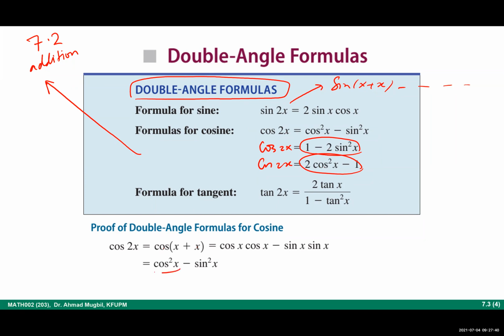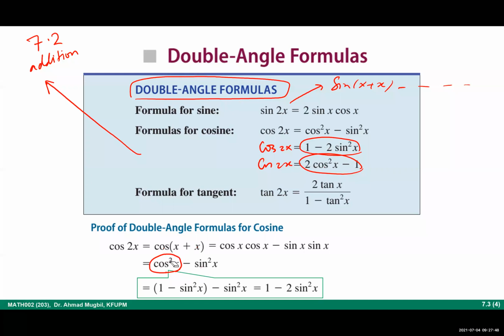Here, for example, you don't want it in terms of cosine, you want it in terms of sine. You will use the Pythagorean identity. You remember, Shabab, what cosine squared is? It is 1 minus sine squared. Minus sine squared. Now simplify. Negative sine squared and negative sine squared will be negative 2 sine squared. Add to 1, it will be 1 minus 2 sine squared.